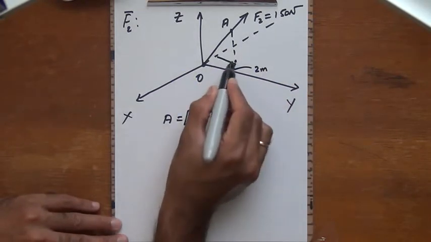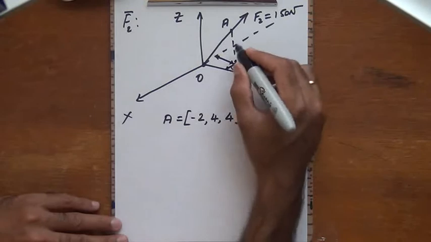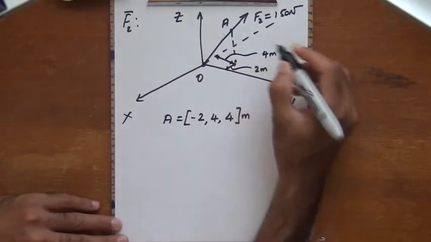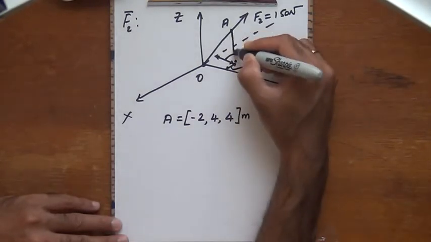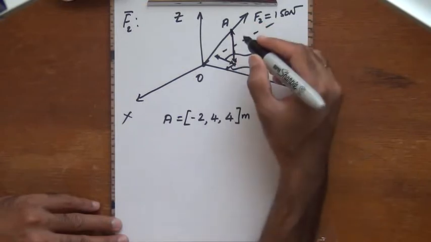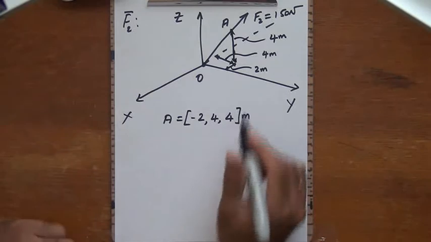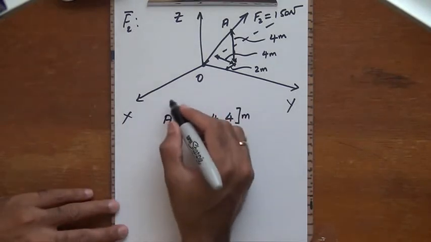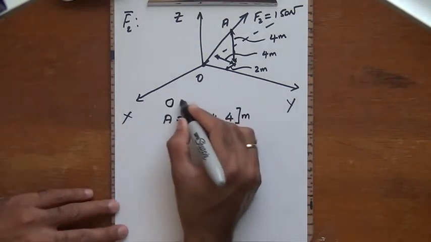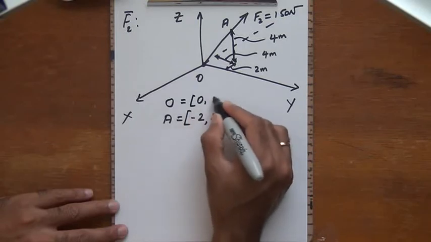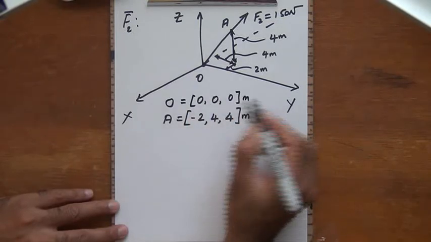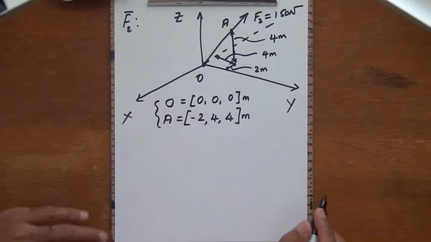Of course, not drawn to scale. This is 4 meters, and then this height right here, which I'm going to draw. I know this is a slightly cluttered picture, but bear with me. This is also 4 meters. Then I know the coordinate of point O. Point O is the origin, so this is going to be 0, 0, and 0, so many meters.